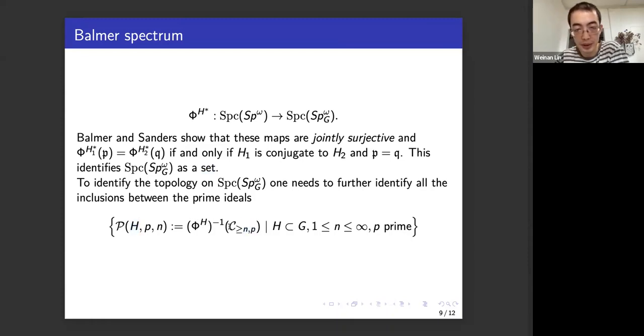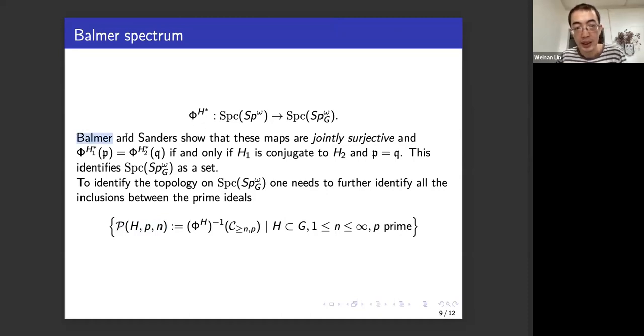I mean, basically, you can say that for each prime ideal here, you consider all of them, and you may ask which ideal is bigger. So what are the inclusions between them? And this is kind of complicated in the end.